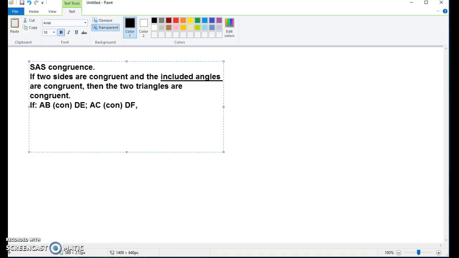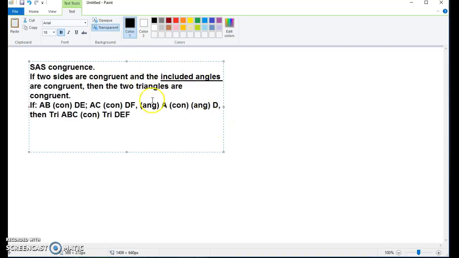For angle, I'm going to say ANG. Angle A is congruent to angle D. Then triangle ABC is congruent to triangle DEF.